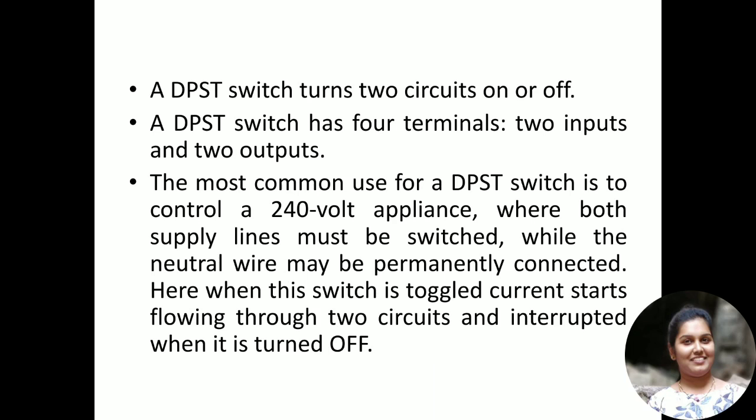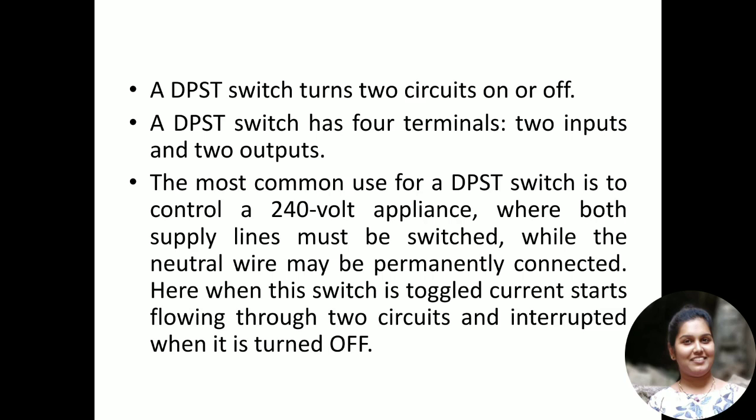A double pole single throw switch has four terminals, two input terminals and two output terminals. So single pole single throw has two terminals, single pole double throw has three terminals, and double pole single throw has four terminals. Of these four, two will be input and two will be output.